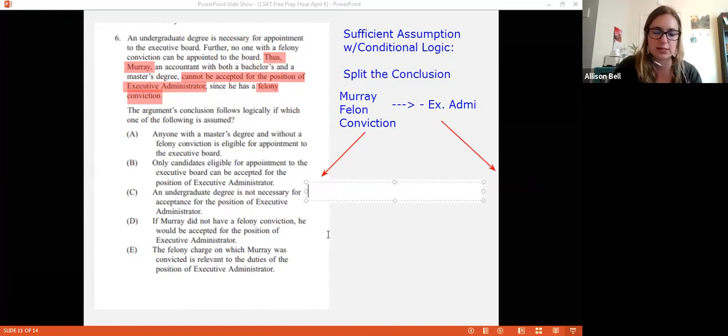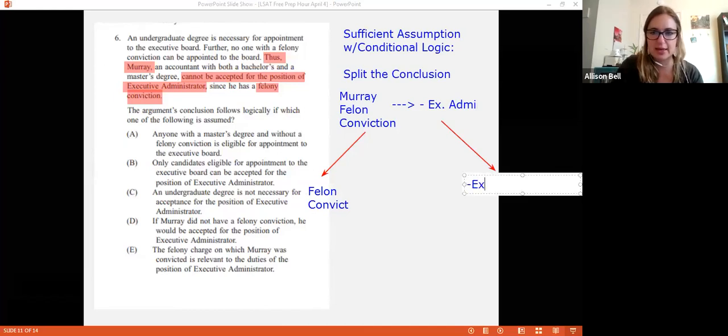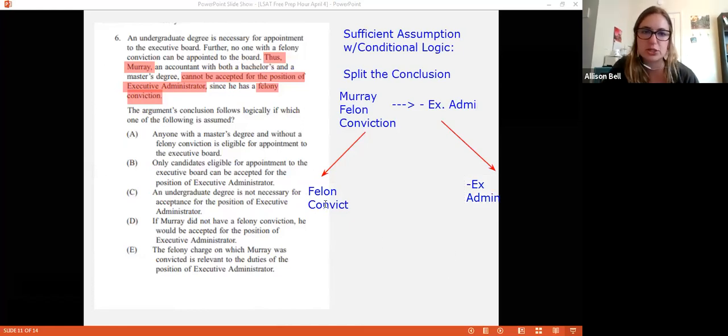I say, okay, this idea that he's got a felony conviction, I'm going to put that over here. How do I get from that to saying he can't have an executive administrator position? And this is where I look back at the premises that are being used to support.